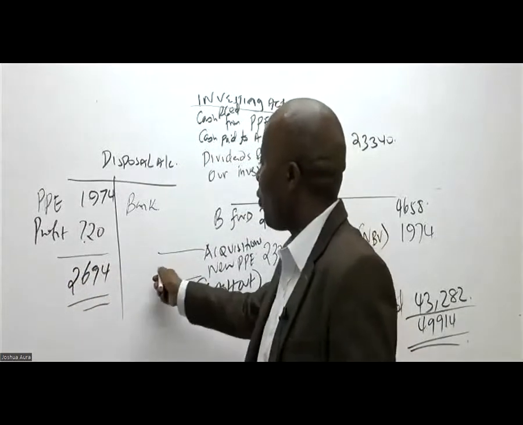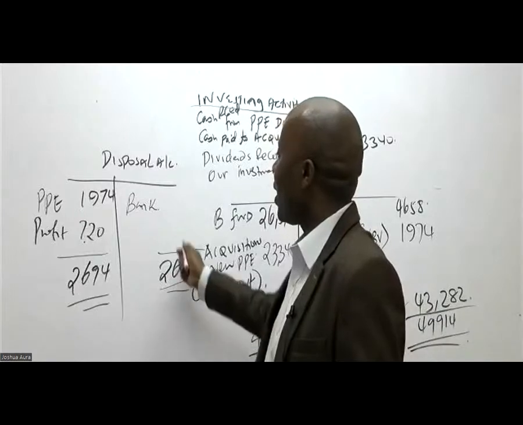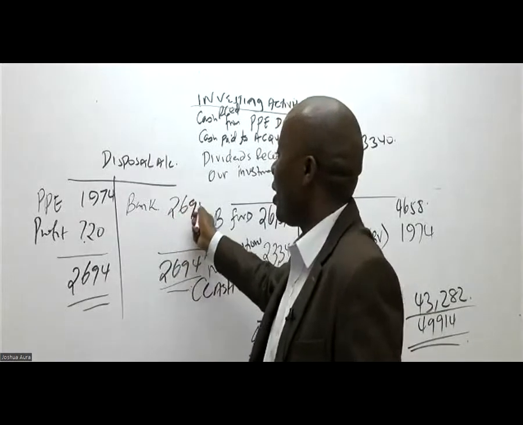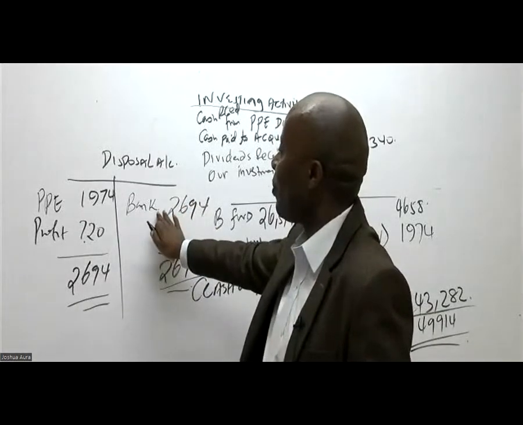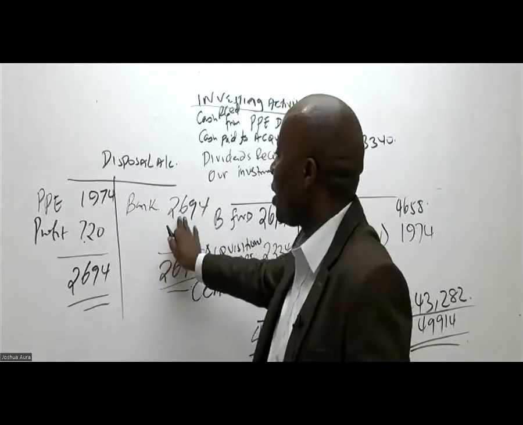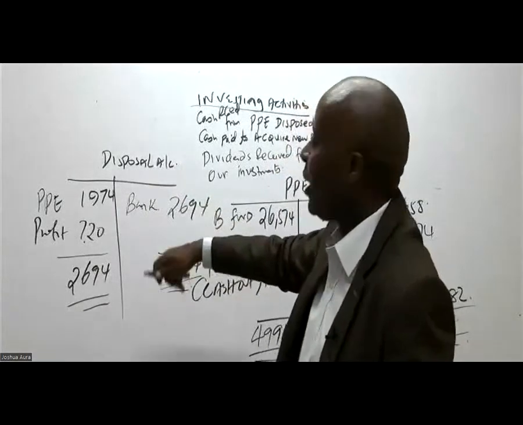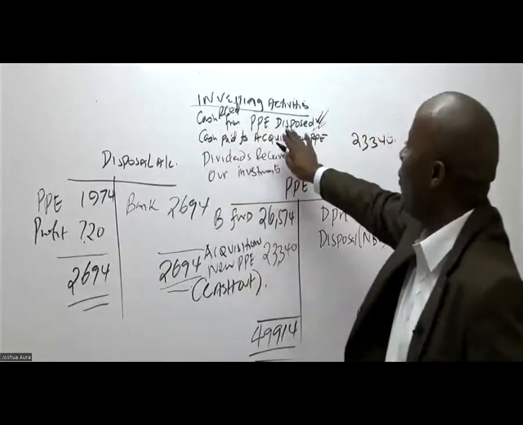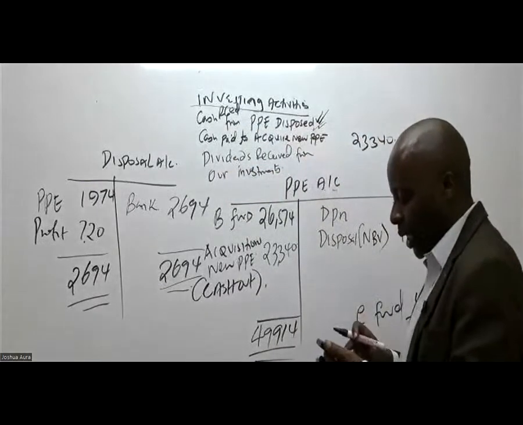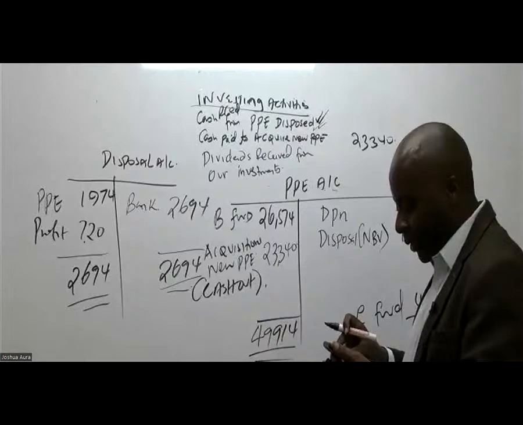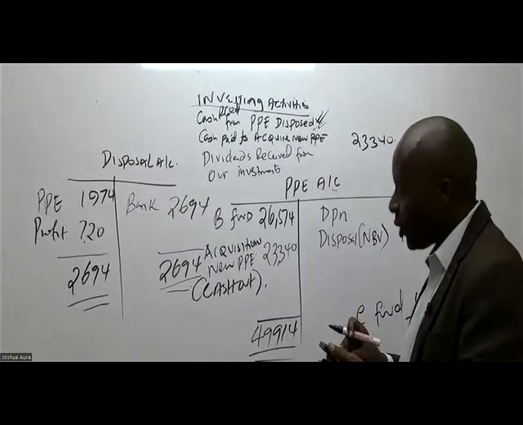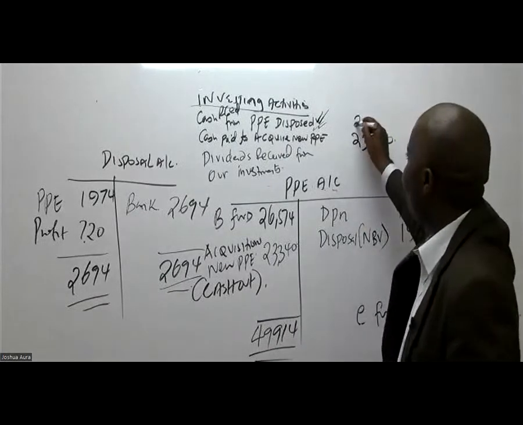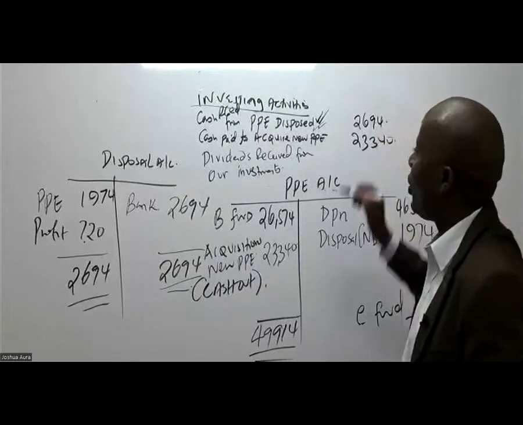So this $26.94 will also come there. So automatically this is bank $26.94. So I'm crediting the disposals account with this, and then I debit bank, meaning that the cash I received from PPE disposed is $26.94.